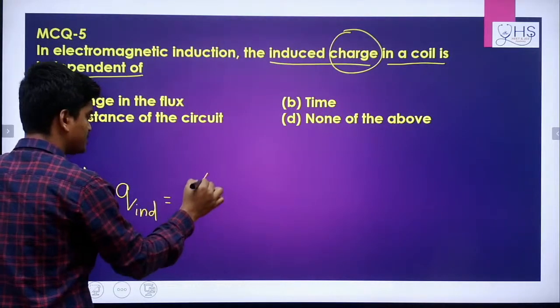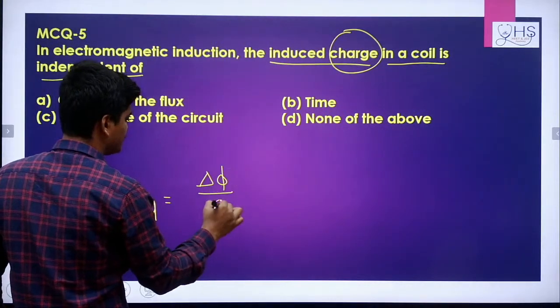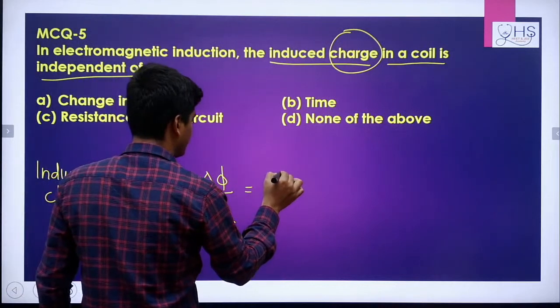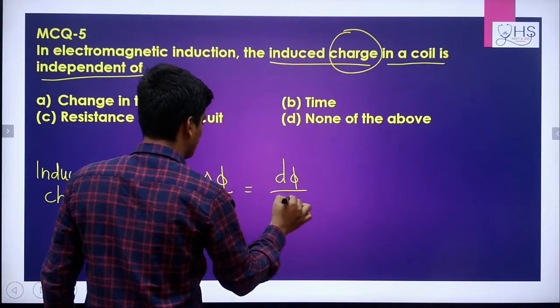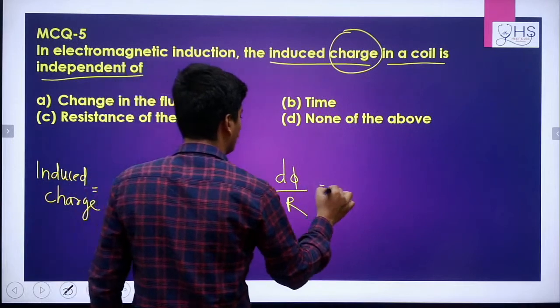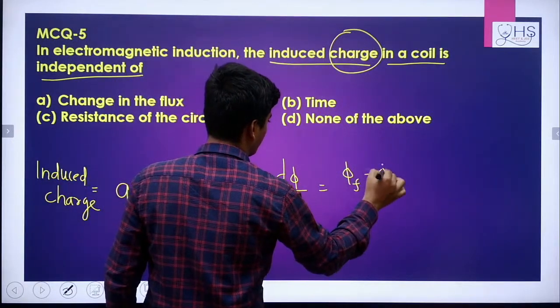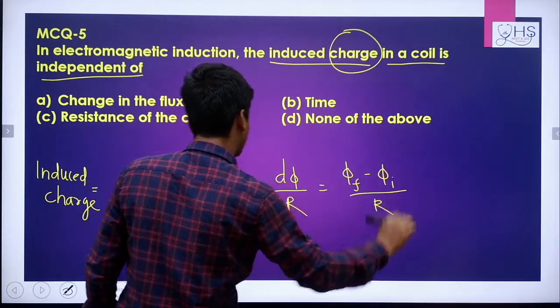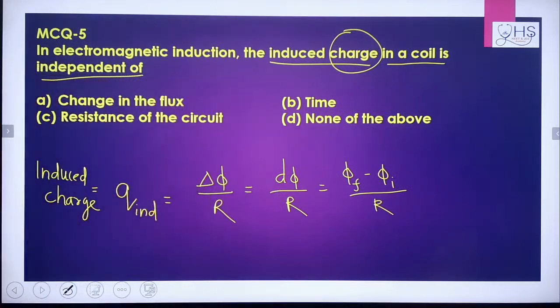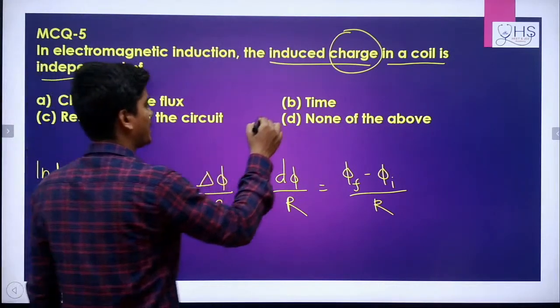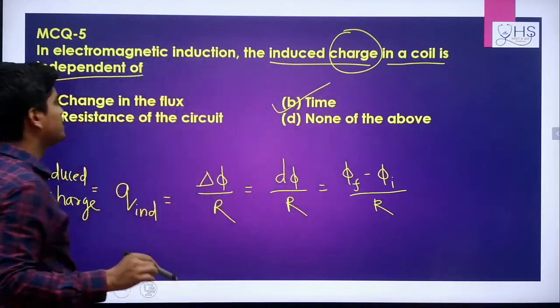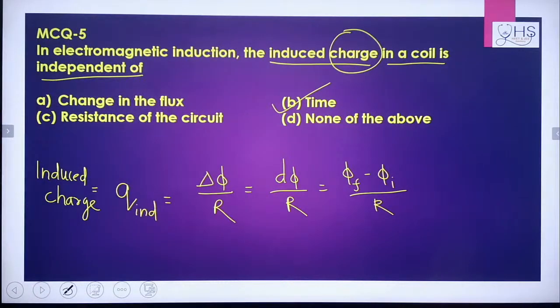The induced charge is change in flux divided by resistance, or final flux minus initial flux by R, where R is the resistance of the circuit. That means induced charge depends on change in flux and resistance of the circuit. It does not depend on time. So this will be the correct answer: induced charge in a coil is independent of time.